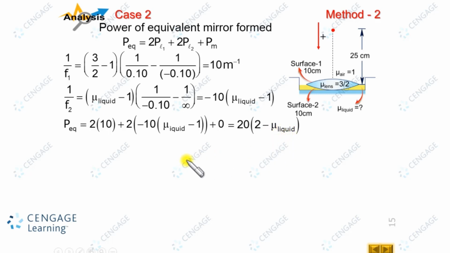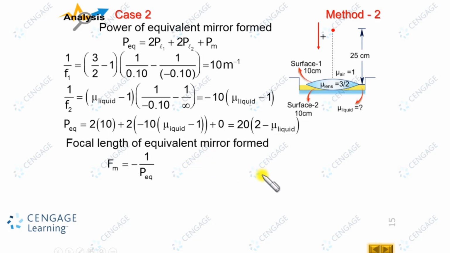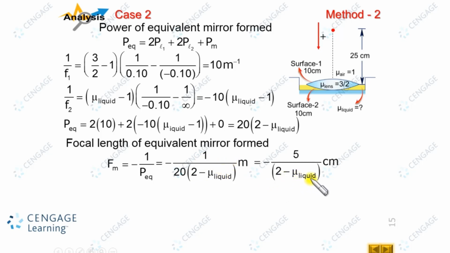Now we can get the focal length of the equivalent mirror, which is equal to minus 1 divided by power. This is equal to minus 1 divided by (22 minus mu liquid), and this will be in meter. Let us convert this value into centimeter by multiplying by 100. So this is equal to 5 divided by 2 mu liquid. This is the focal length of this system.